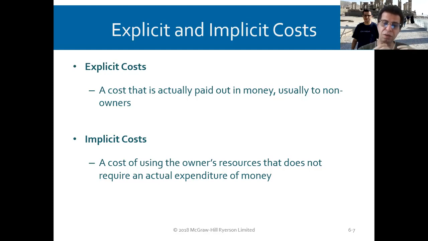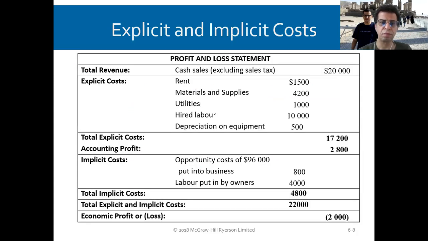And the implicit cost is the cost of using the owner's resources that does not require an actual expenditure of money. It's like, you own a company and you work in it, so you're not spending cash on a third party, a non-owner.